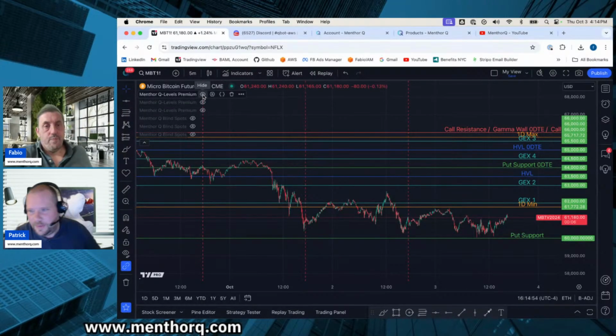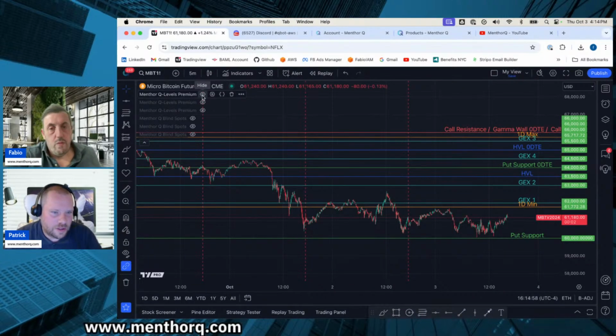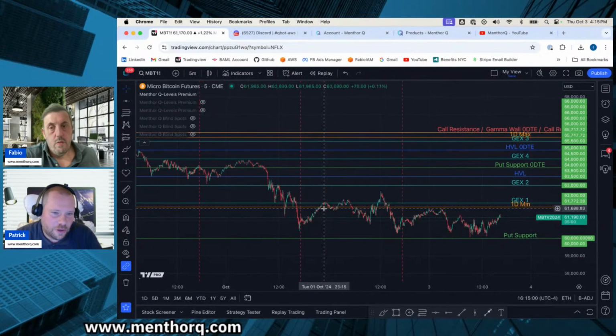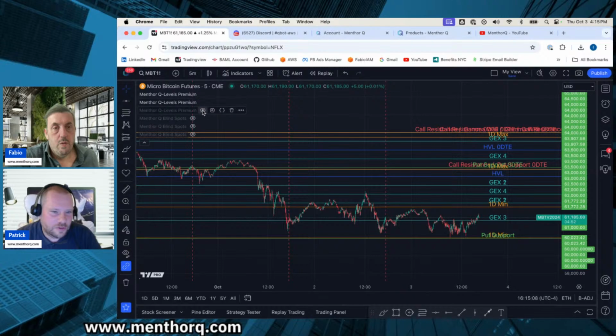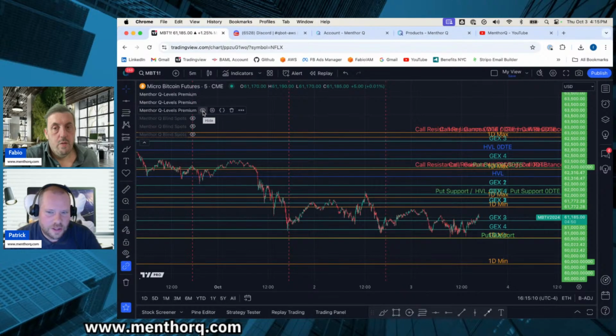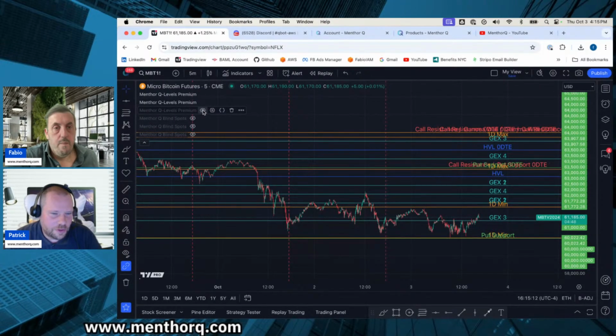And also, if you backtest the data, if you plot this on your chart, like what Fabio is doing, look also at how the 1-day min and the 1-day max have changed. Where was it the day before? What is the change? Did we go more to the upside, or more to the downside? What has really happened with the 1-day max?